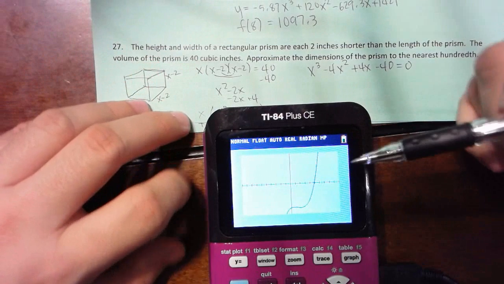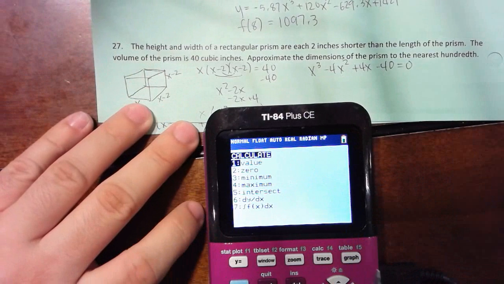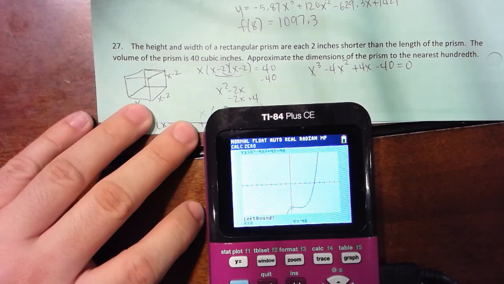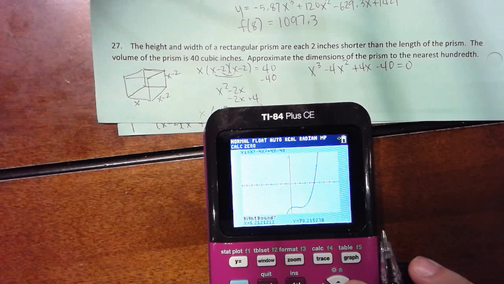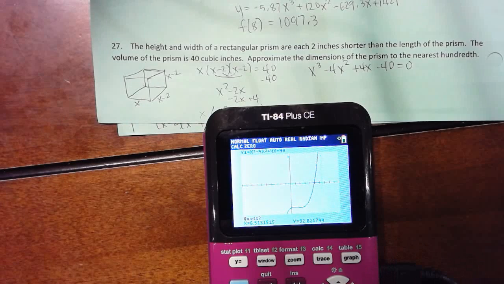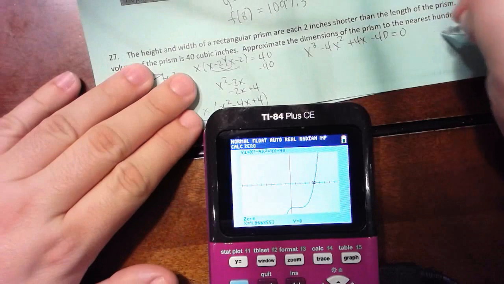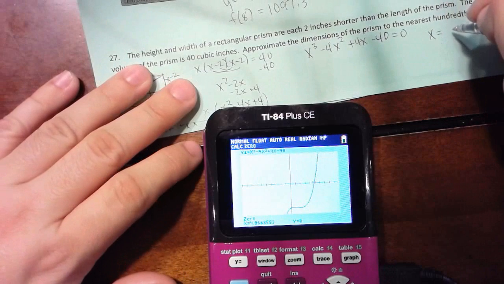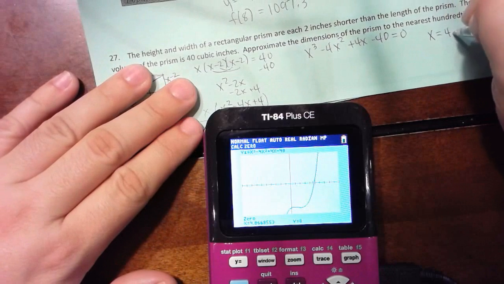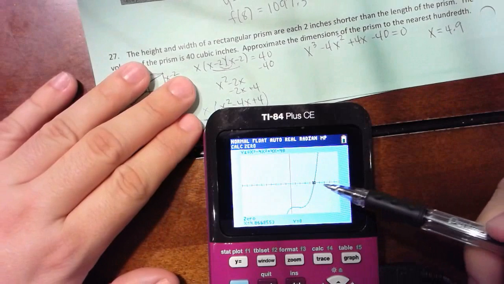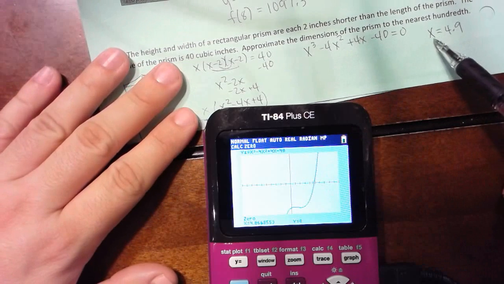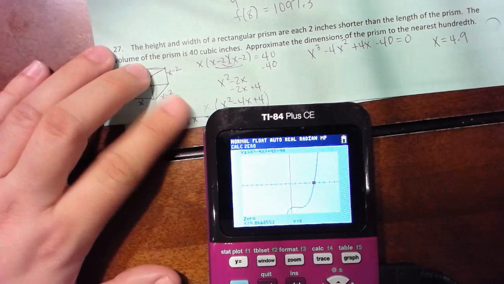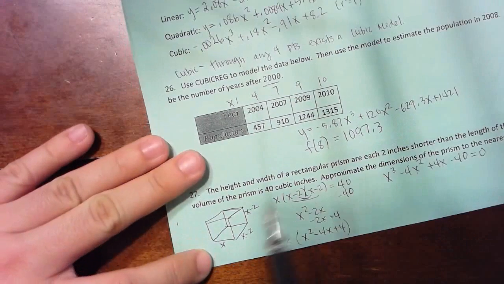Okay, let's try this out. So, let's calculate my zero. I don't know how much I love this problem. Oh yeah, I'm high enough. So my solution is x equals 4.9. That's where my solution is 0. I set it equal to 0. X equals 4.9. So going back to our picture, this is our box, right?